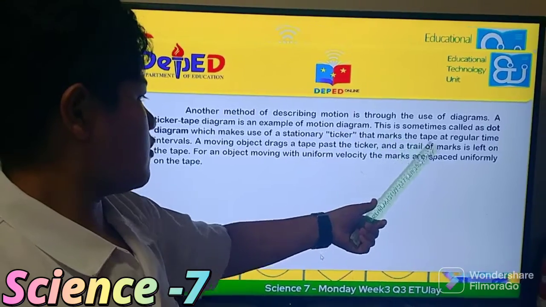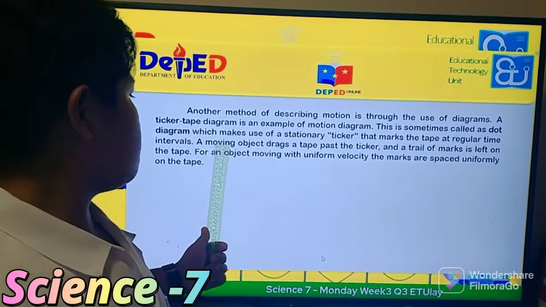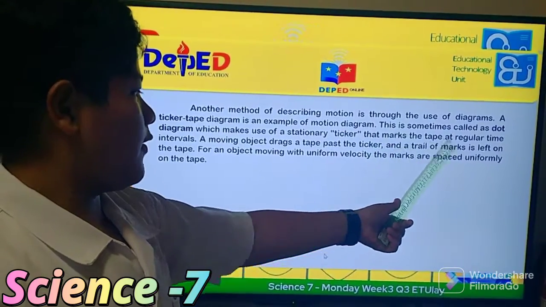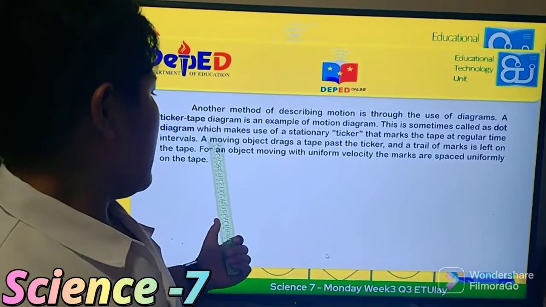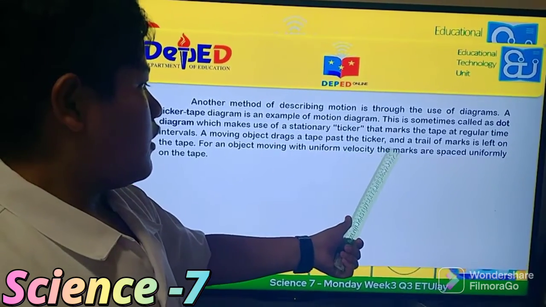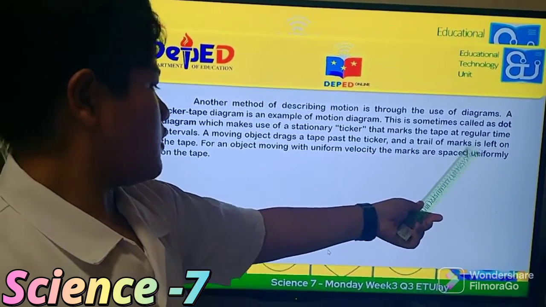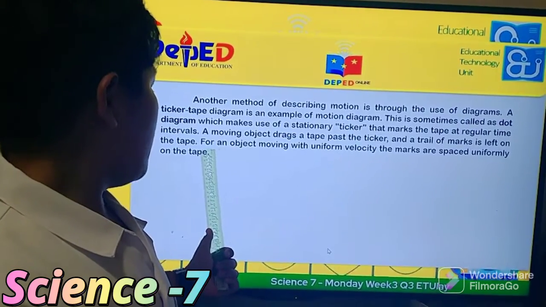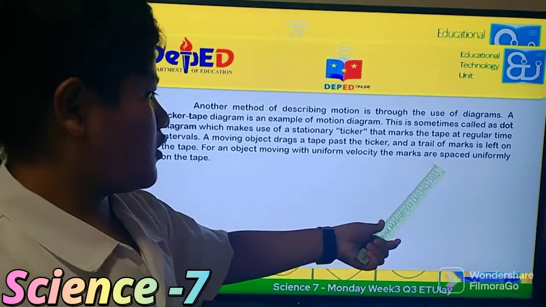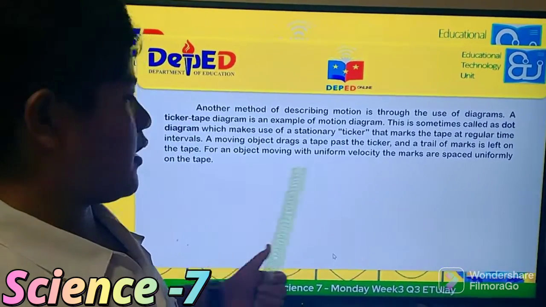This is sometimes called a dot diagram, which makes use of a stationary ticker that marks the tape at regular time intervals. A moving object drags a tape past the ticker, and a trail of marks is left on the tape. For an object moving with uniform velocity, the marks are spaced uniformly on the tape.